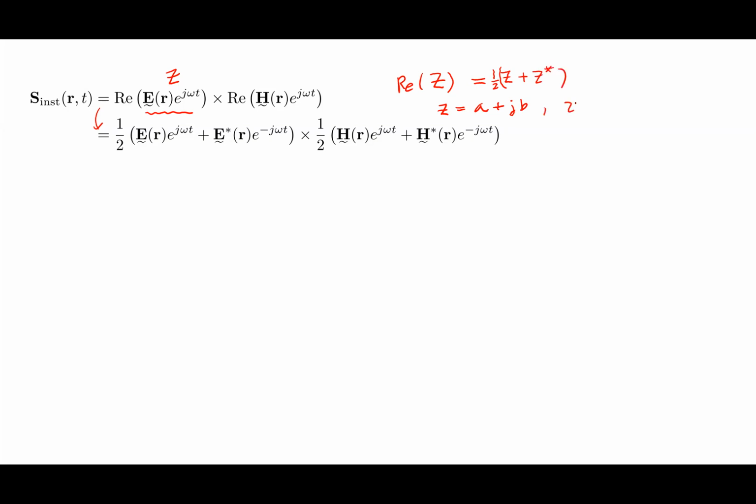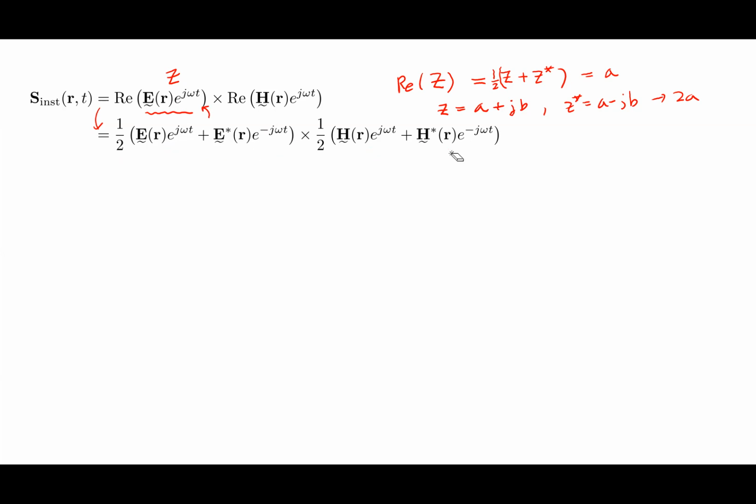The complex conjugate is a minus jb, so their summation is going to be 2a, so it recovers the original real value of z. So we have used this identity for the real value of the electric field, its original form plus its complex conjugate here. The same thing for the magnetic field.